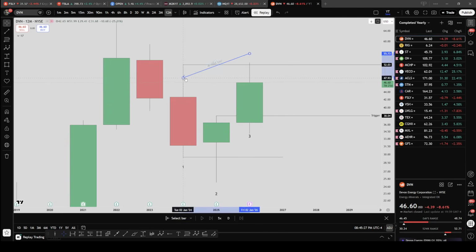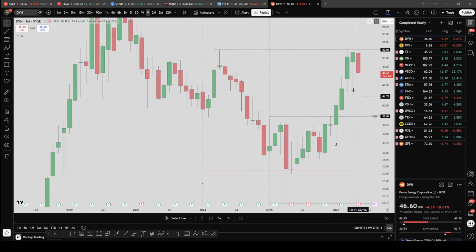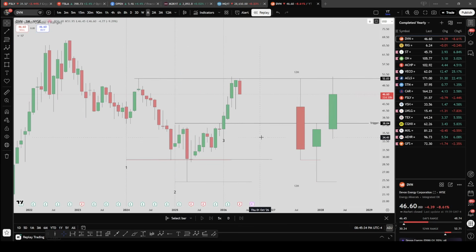All right, now that you've seen that on a macro picture, let's dive and break it down fundamentally on a monthly chart. So this indicator on the right is called ICT High Time Frame Candles by Fadi. I have the pro version. The pro version basically just separates out each session of the candle.